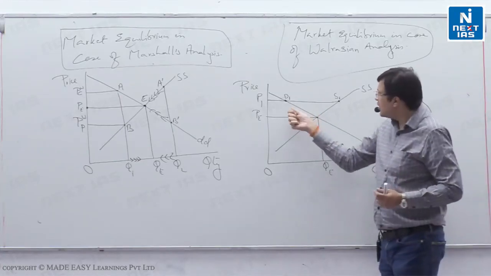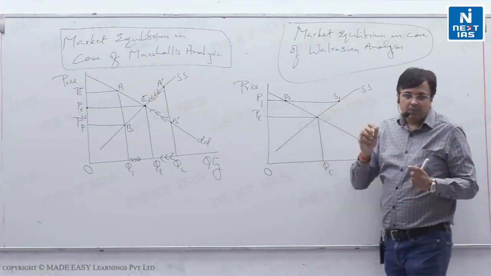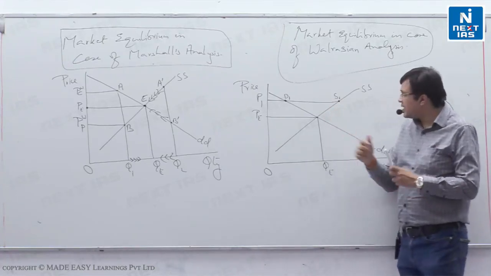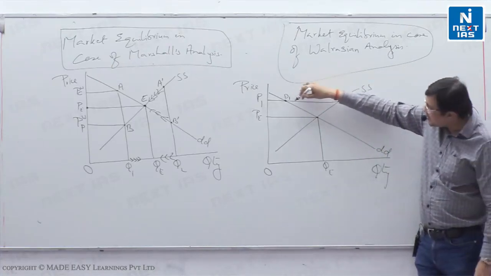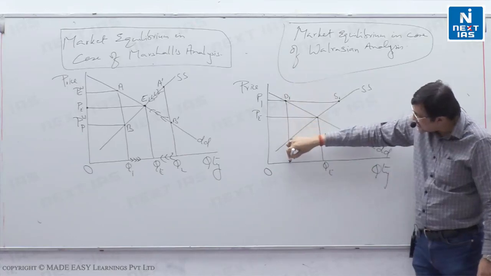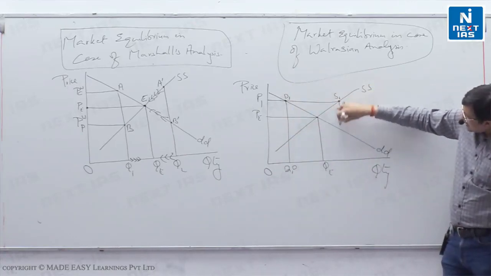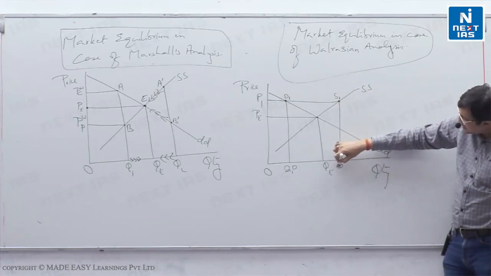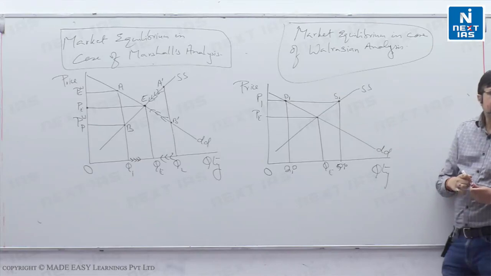All right. So when we say D1 and S1 like this, the point is that suppliers are willing to supply this much, while demanders are willing to demand this much. So quantity demanded is lesser and quantity supplied is much more, isn't it?